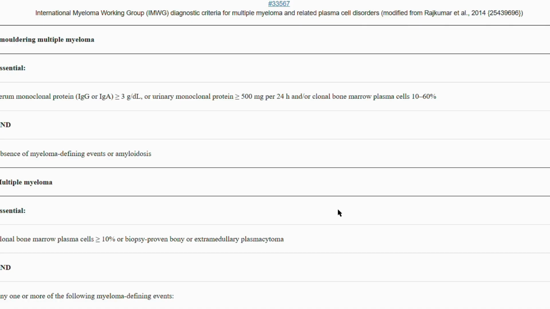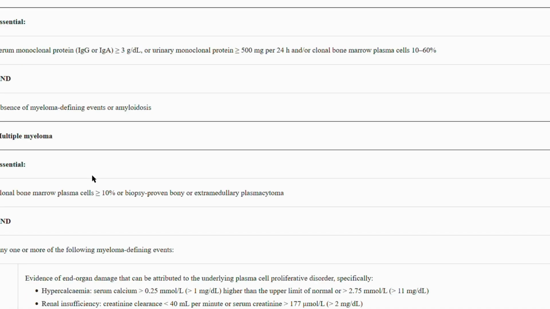For smoldering multiple myeloma, the essential criteria is a high serum monoclonal protein, which can also be urinary monoclonal protein, and/or clonal bone marrow plasma cells from 10 to 60%, and at the same time, the absence of myeloma-defining events or amyloidosis, that we will see now.